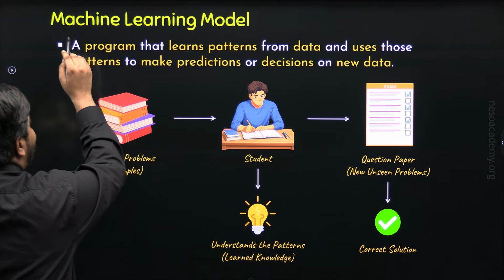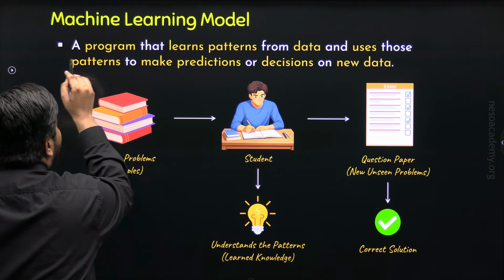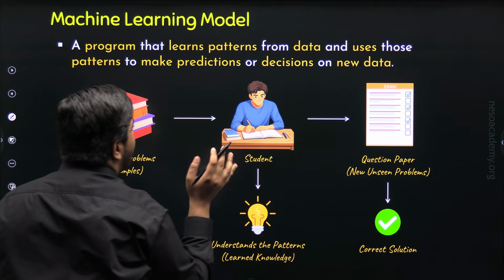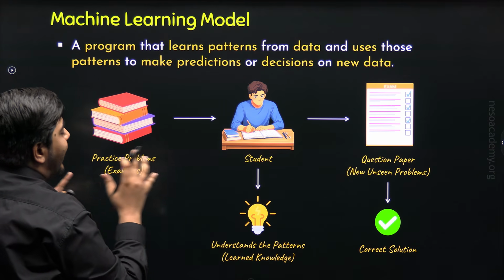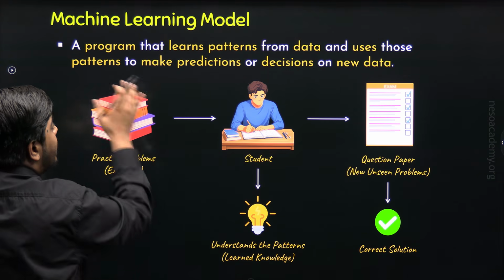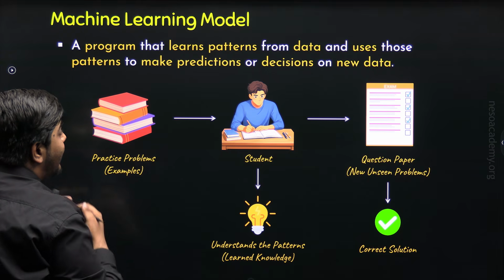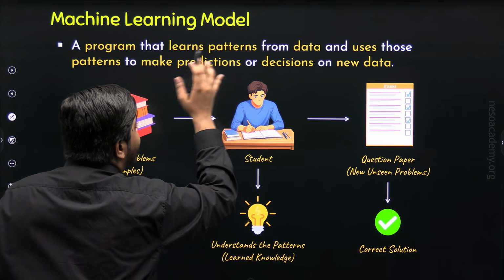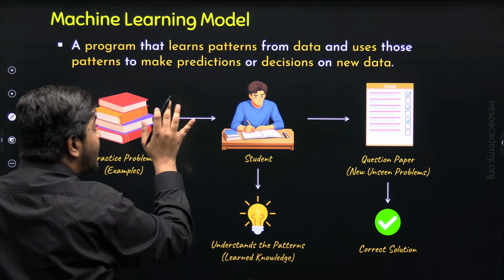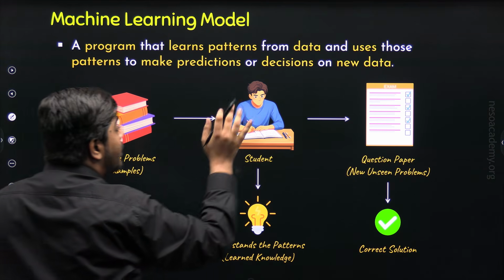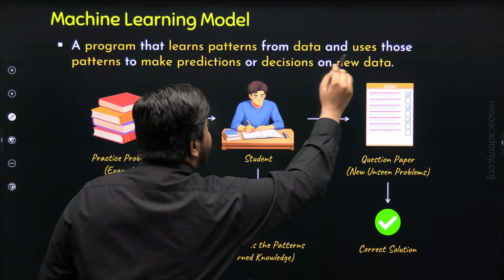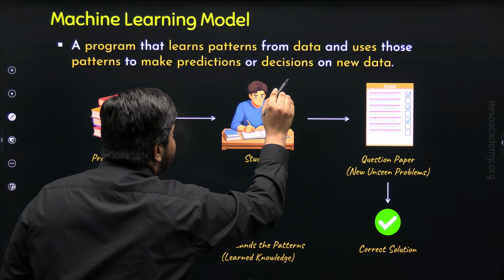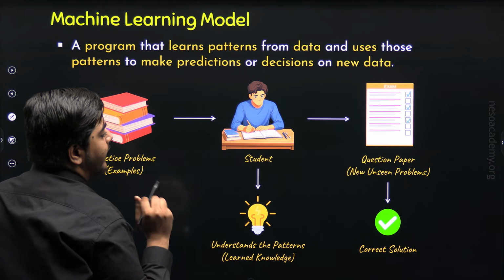It means that the machine learning model is a computer program that learns patterns from the data, which means we have to provide our machine learning model with lots of data, and then our machine learning model will learn the patterns and features from that data. Now, after learning the patterns from that data, the machine learning model will use those patterns to make predictions or decisions on new and unseen data.